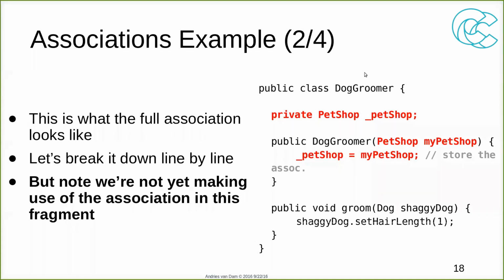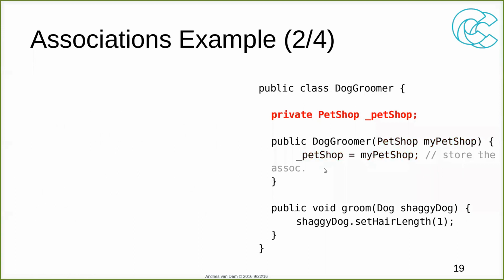So pet shop knows about dog groomer, and dog groomer also now knows about the pet shop. So far we have not yet used any methods of the pet shop, but we will do that in the next couple of slides.